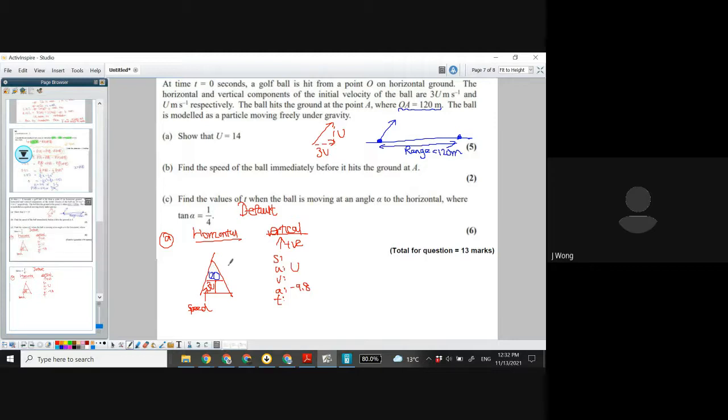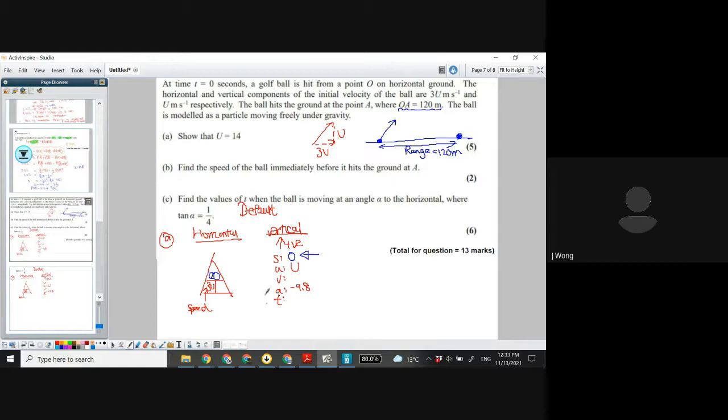But they actually also tell us one thing. Since I start at point O and end at point A, where both points are on the floor, they secretly tell us the vertical displacement as well. That will be 0, because I end at the same level vertically.